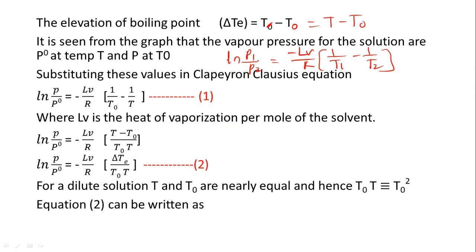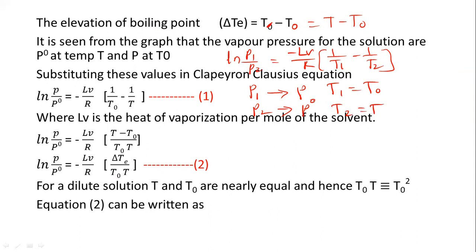According to the solution curve, P1 is P and P2 is P0, the higher vapor pressure. The lower temperature T1 is T0, and the higher temperature T2 is T.